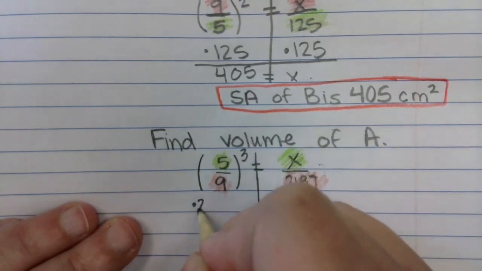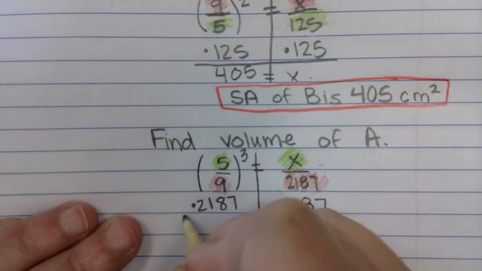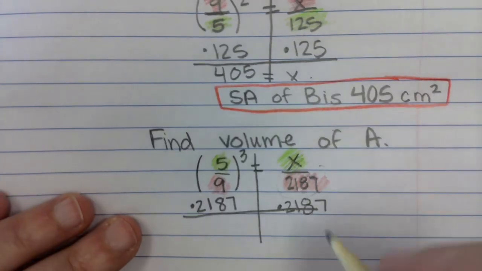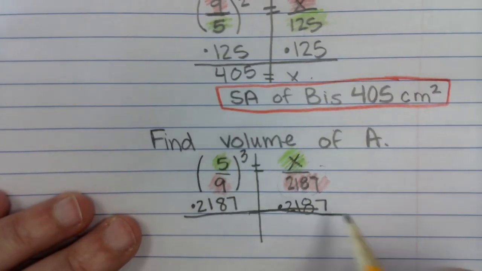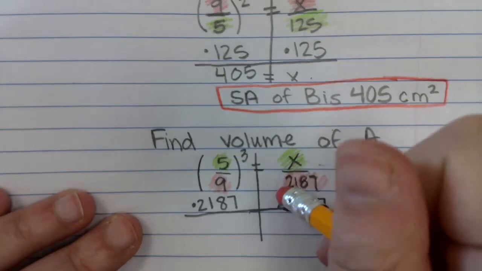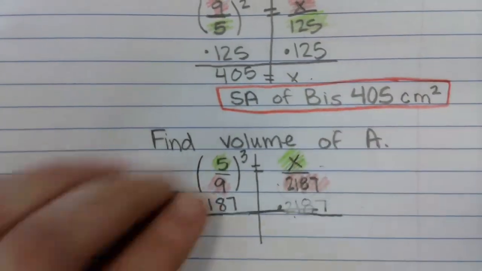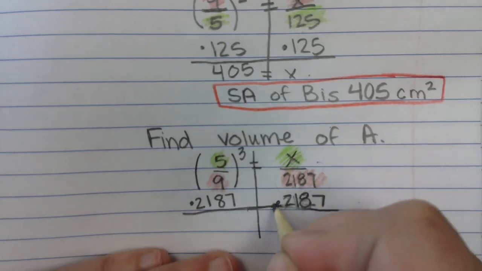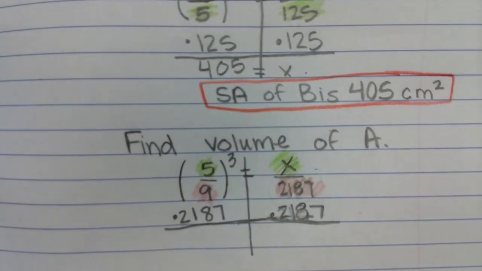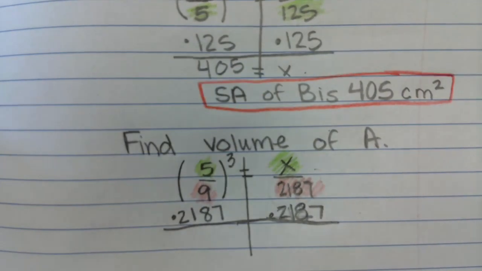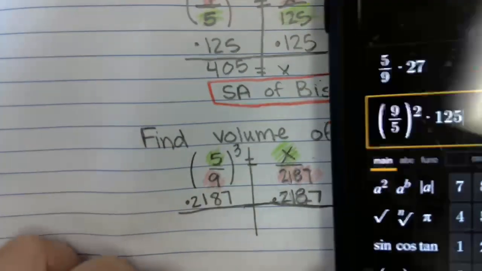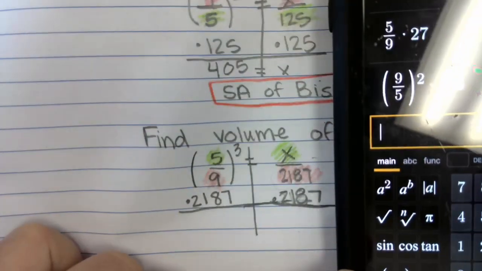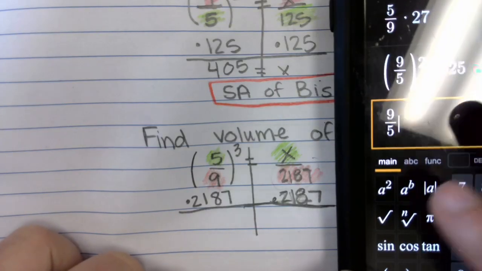And we're going to be really careful about how we put this into our calculator. Whoa, that line kind of got away from me. Make sure I can read that next year when I'm on the last notes of the year. All right. So in our calculator, when I type this in, I'm going to do 5 over 9, parenthesis.